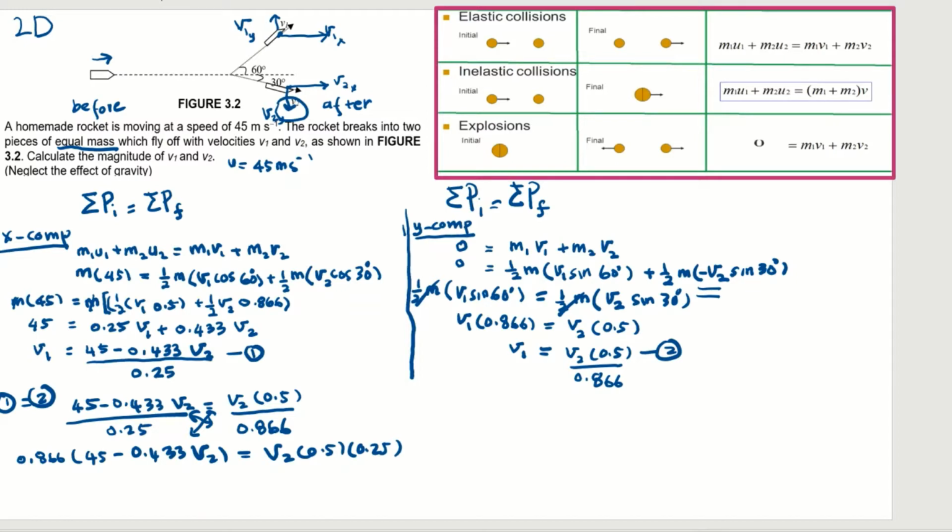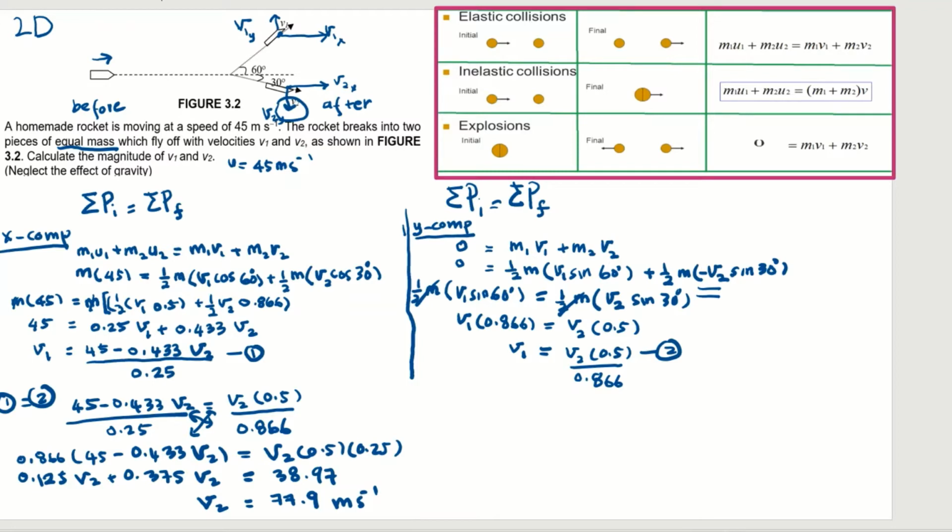So you get 0.1 for v2 plus 0.375 v2 equals 38.97. Finally you get v2 is 77.9 meters per second.